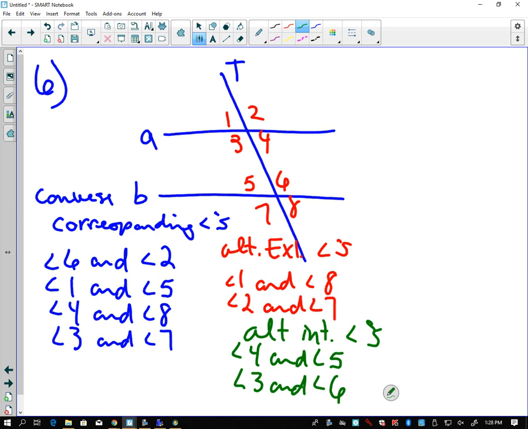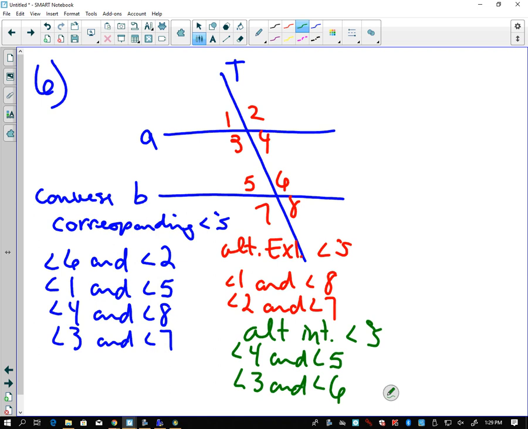I'm telling you that these are the only 3 types that will work. There's no such thing as same side exterior angles being congruent. What about 1 and 6? Are those anything?